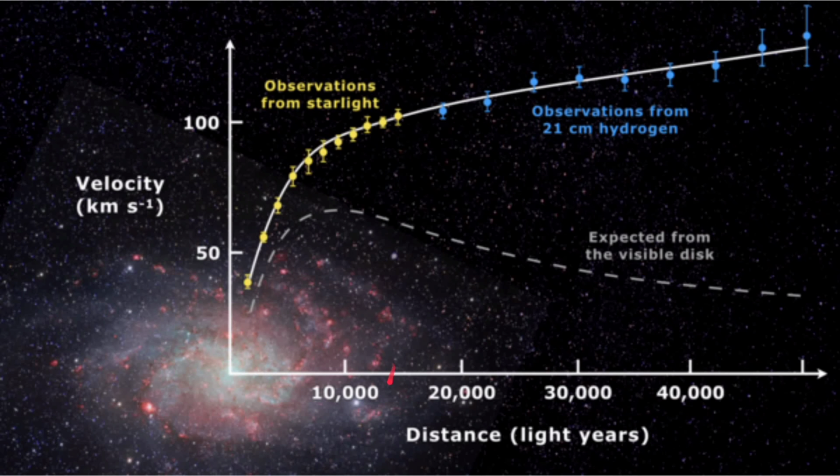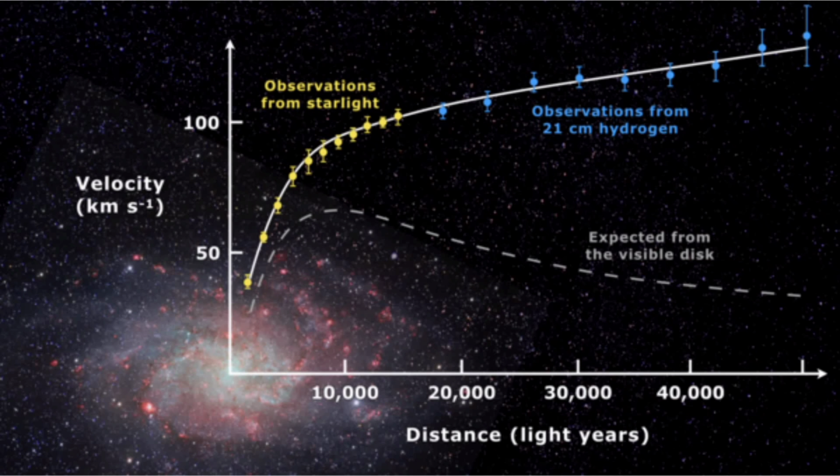After 10,000 light years away from the center, there are lesser and lesser stars. So, the gravity will also be less. Because the gravity is less in the outer parts of the galaxy, those parts should rotate slower than the inner parts.